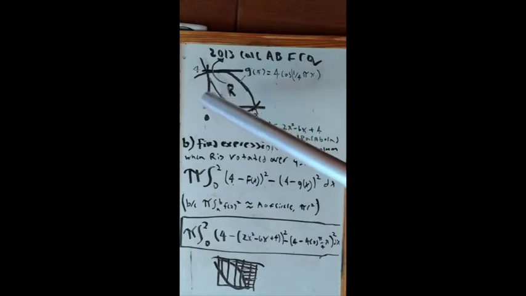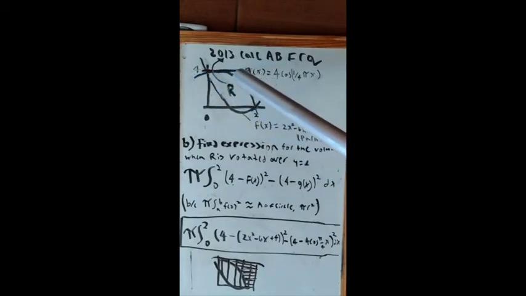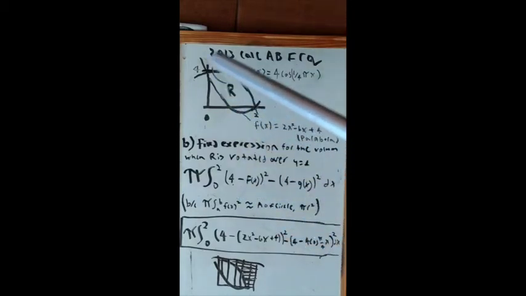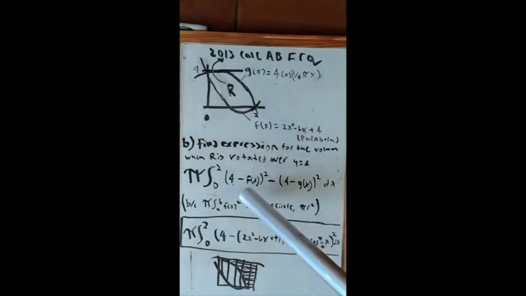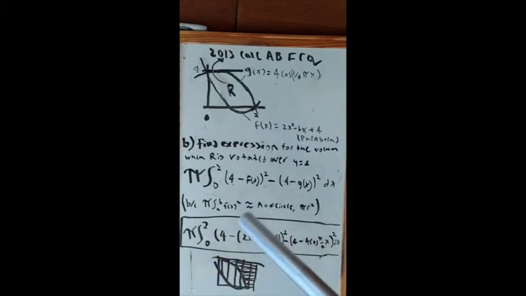So now your new top is going to be y equals 4, and your new bottom is going to be f of x, because that is the greatest area. So you'll have 4 minus f of x, squared, and that represents this entire area underneath the line y equals 4.